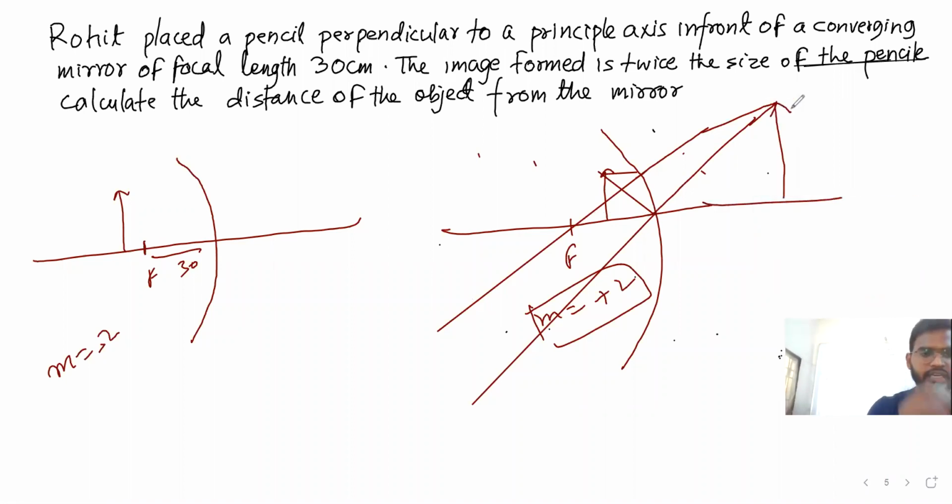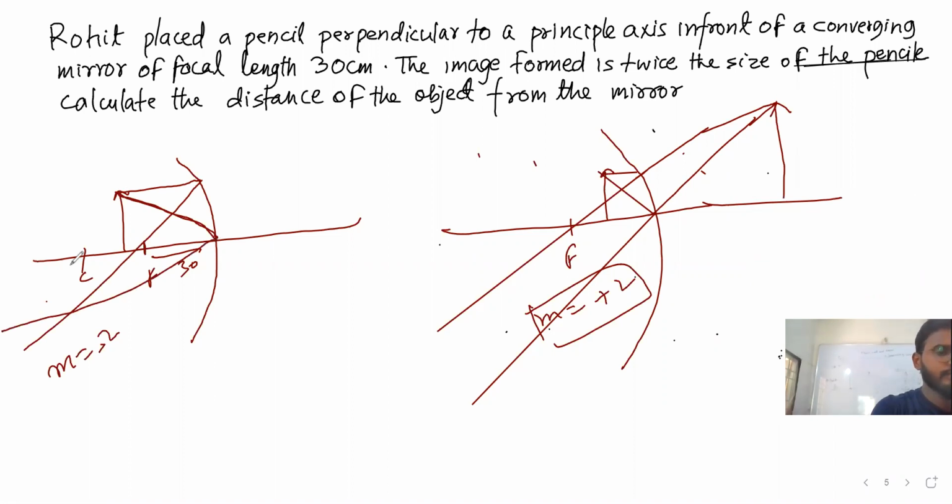And here, if the object is between F and C, then the image is going to be beyond C, beyond C also we can say.